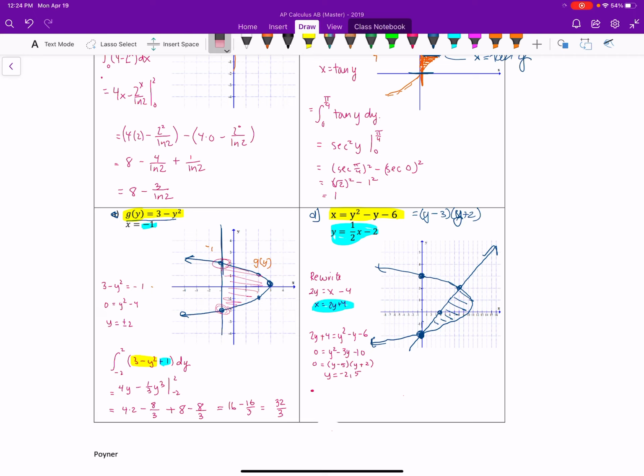It looks like, did I do that right? And here, something is up with my picture. Oh, of course, hello, it's facing up.